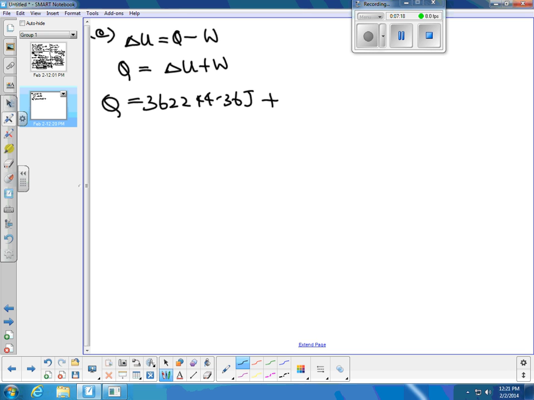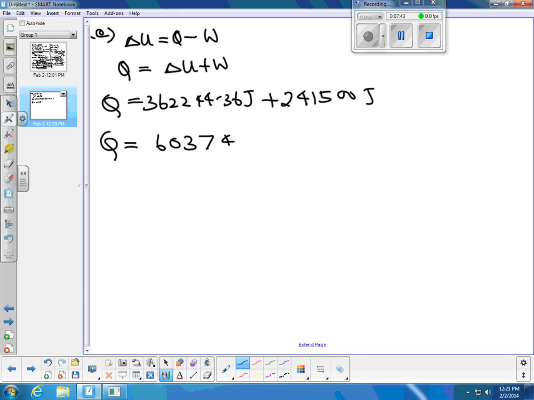How much work done, which is positive, 241,500 joules. So internal energy change is positive, work done is positive, so heat is positive, which tells us that this much heat flows into the system to do work as well as to increase the internal energy.